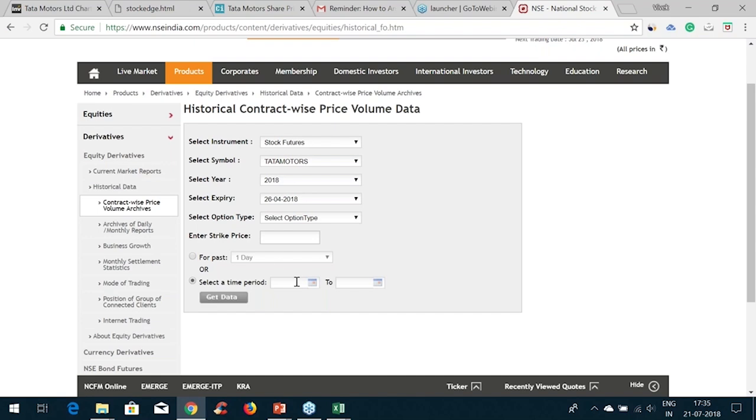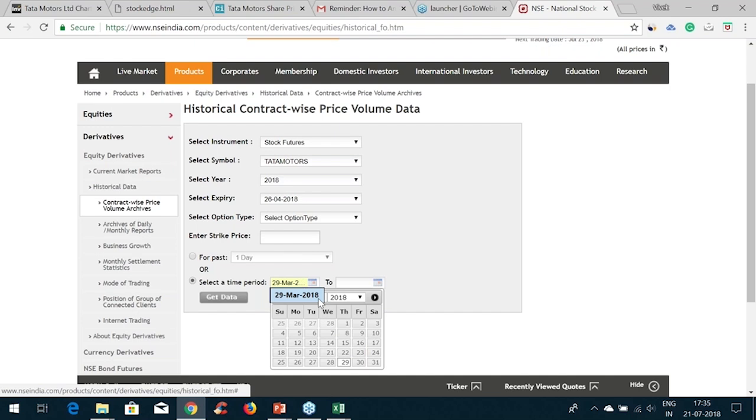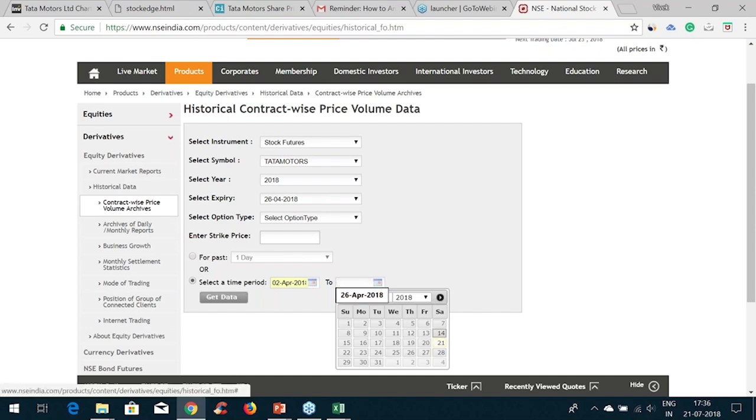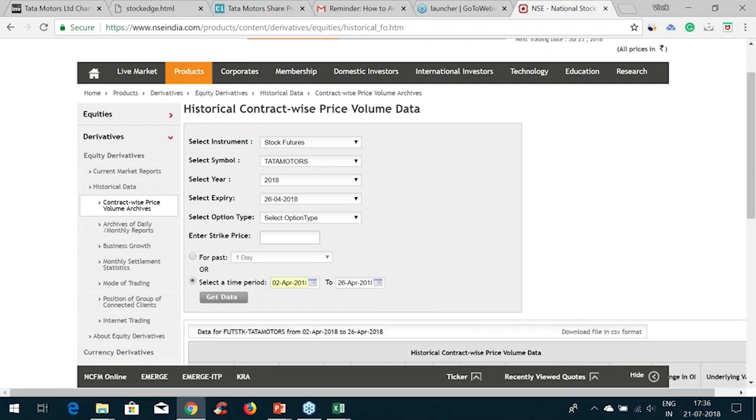So I select a time frame, from 2nd of April 2018 to 26th of April, because this contract will expire on 26th, and we're talking about the near month contract. So 26th of April 2018, get data.